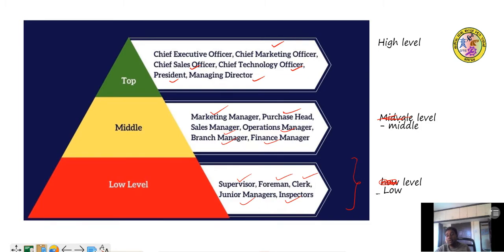Only the low level management, supervisors, foremen, clerks, junior managers, inspectors, interact with the employees to get the work done as per the policies framed by the top level management and the instructions given by the managers.